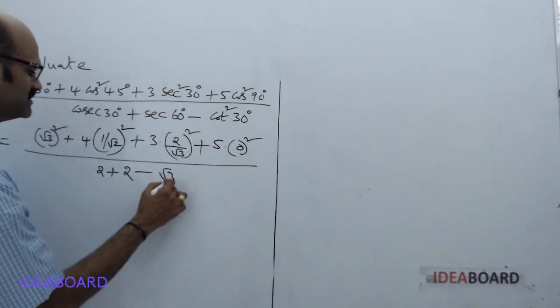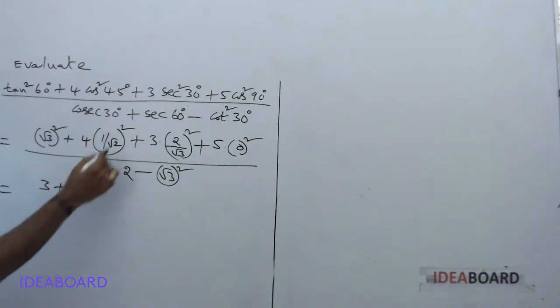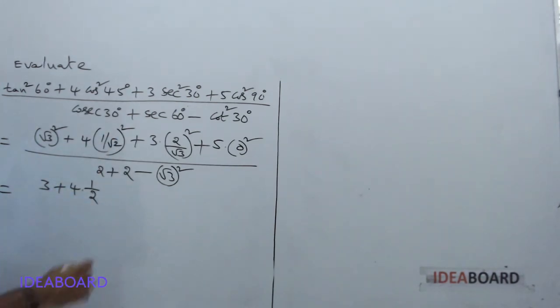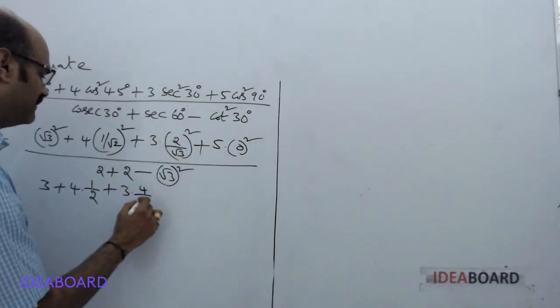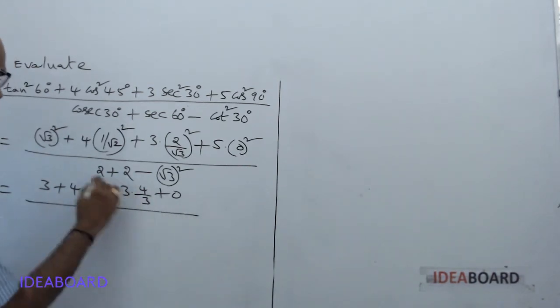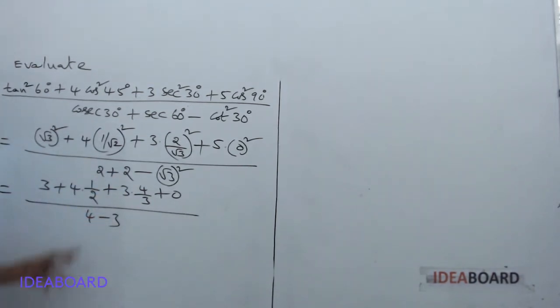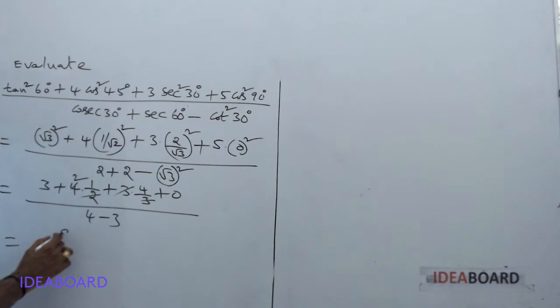Whole square minus root 3 whole square equal to root 3 whole square, 3 plus 4 into 1 by 2 plus 3 into 4 by 3, plus 0, whole by 2 plus 2, 4 minus 3. Now 2 2's 3, 3 3 plus 2 is 5, 5 plus 4 is 9. So 9 by 4 minus 3 equal to 1. So equal to 9 is the answer.